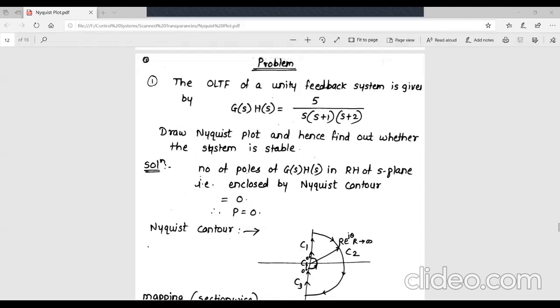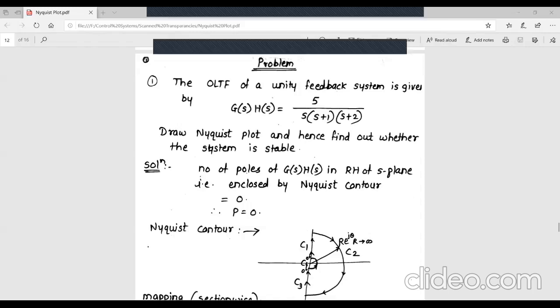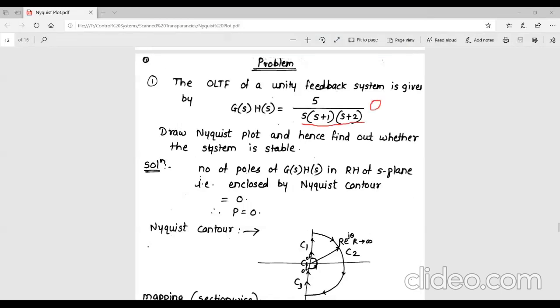Initially, we need to find whether there are poles or zeros in the right half of the s-plane. From the given transfer function, we know that the poles are at 0, at -1 and at -2. So out of these three poles, there is no pole which lies in the right half of the s-plane.